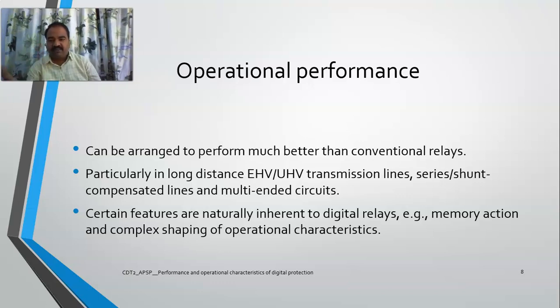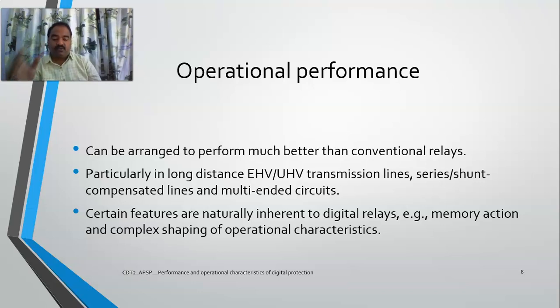It is far better than having an electromechanical device always connected to the main lines, isn't it? So for any EHV, UHV transmission lines, series shunt compensated lines, multi-ended circuits, for all of these it was found that digital relays offer much more benefits when compared to the electromechanical and static relays.